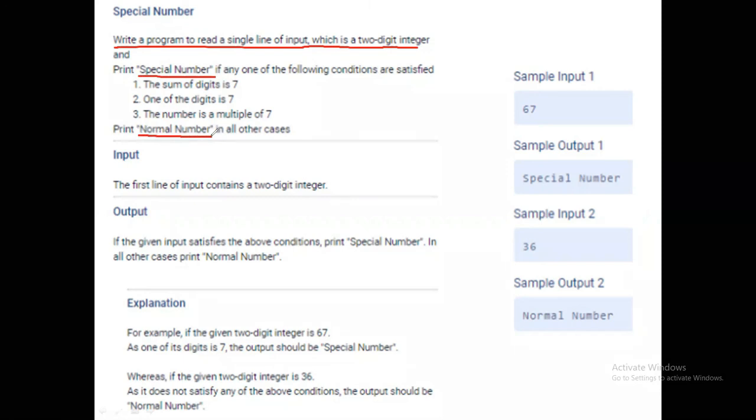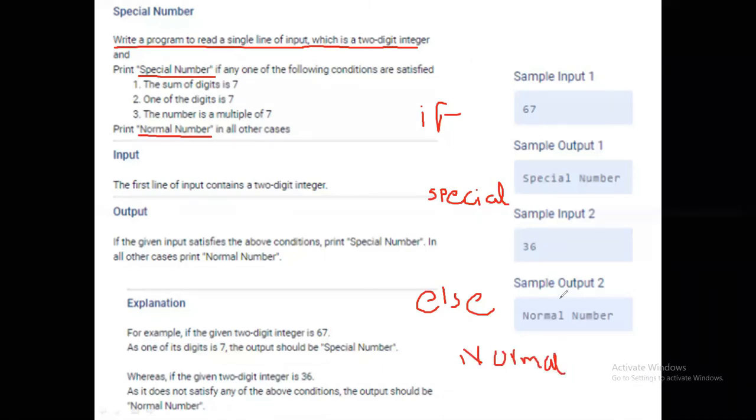One is special number, another one is normal number. So here we are going to use if else. In if you print special number, and in else you write the statement normal number.